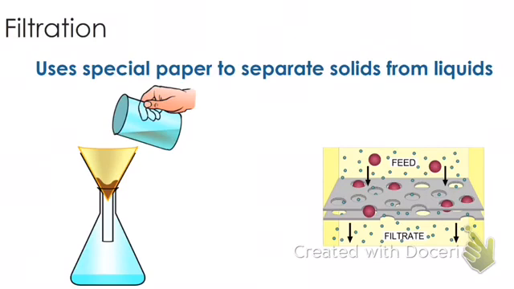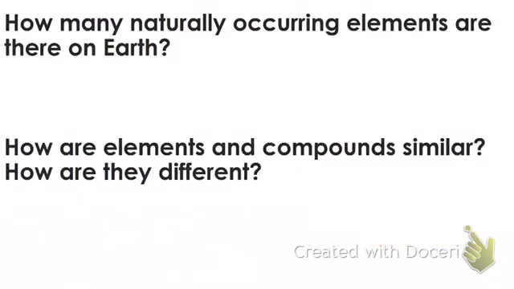And then filtration uses a special paper to separate solids from liquids, and it's just solid stuff can't make it through the paper, the liquid stuff can fit, so it goes through. So those are our methods of separating mixtures. You might have noticed that filtration separates solids from liquids just like decanting, but filtration separates a lot better than decanting does. So, it separates the same type of stuff, but it's not the same process.